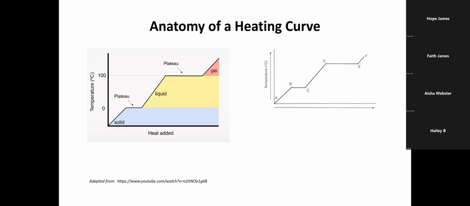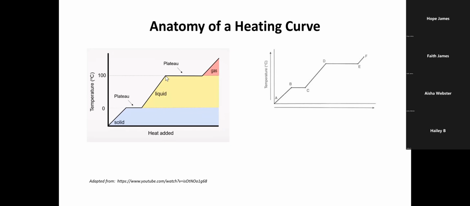And when it's done, right, when all that solid's been turned into a liquid, now we can go back to adding heat, and that added heat is going to increase the temperature of our liquid now. But not forever, right? Because at some point that liquid is going to turn into a gas, right? At the boiling point, whatever the boiling temperature is for that material.